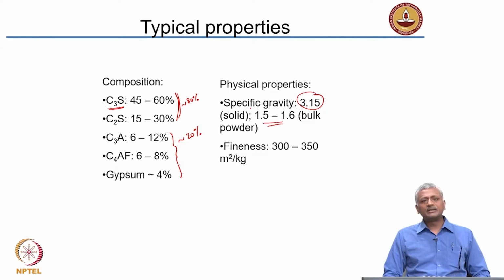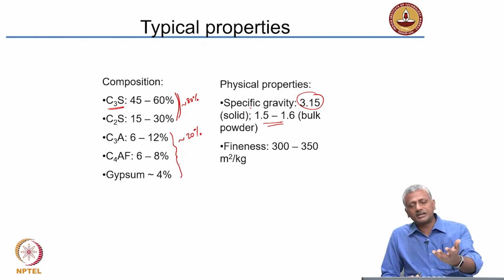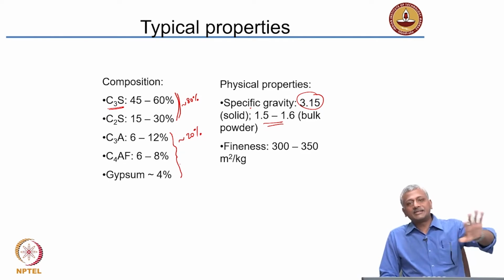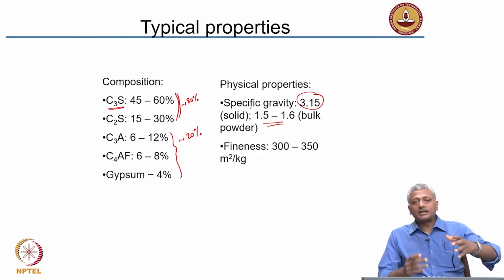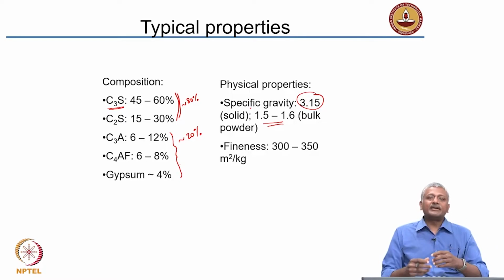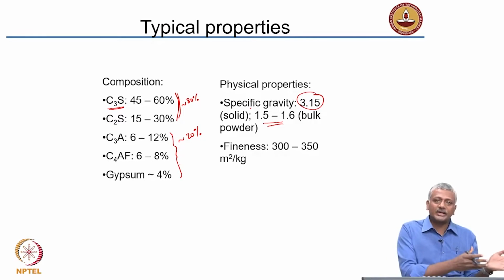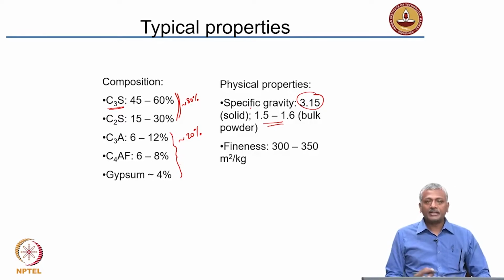This you would have seen in any solid that you deal with. Even if you take sugar, measure the density separately, but then put it in a container and measure the density, you will find that the bulk density in the container is smaller than the actual solid density of the sugar. Okay, and that is because it is not packing without any voids in it.